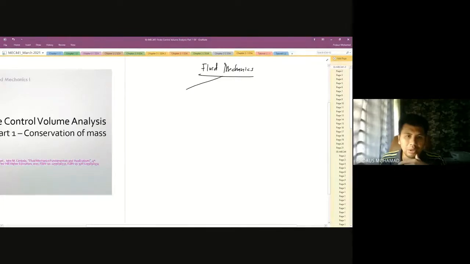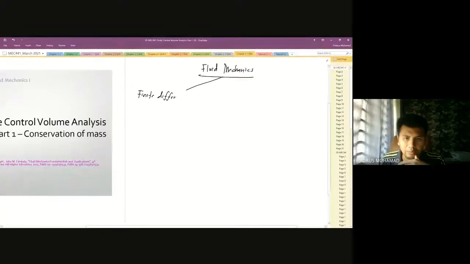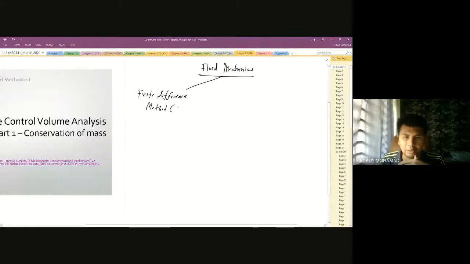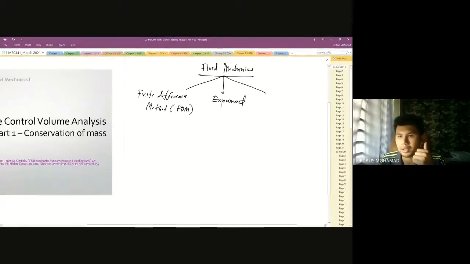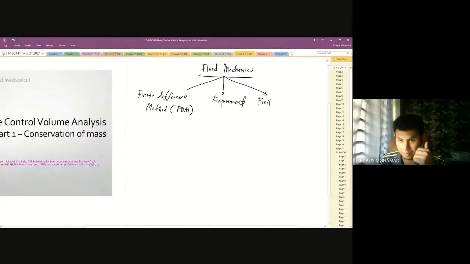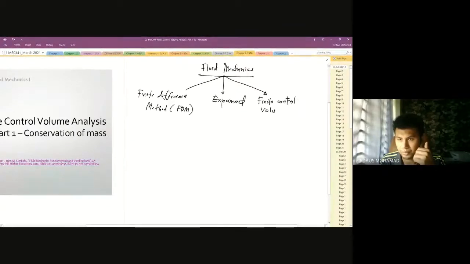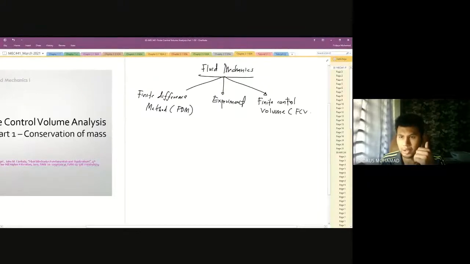The first one is called finite difference method, which is FDM, and then the second one is experiment, and then the last one is finite control volume, FCV.